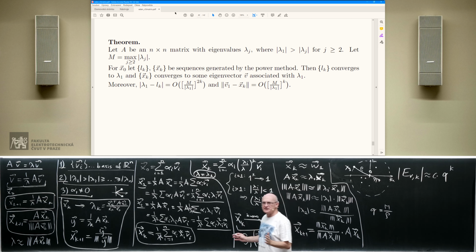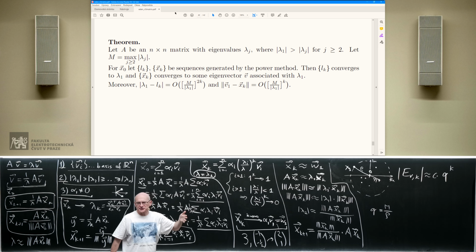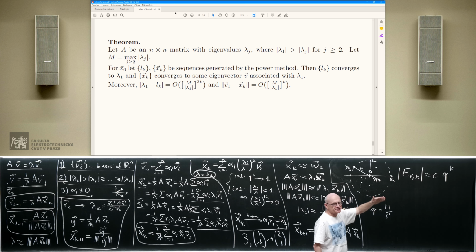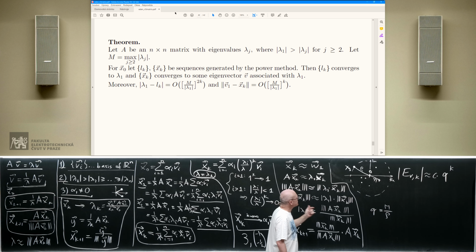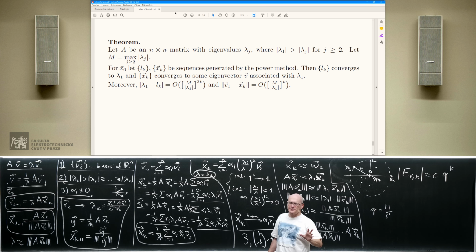The separation, if it's large, then we can expect quick convergence for our power iteration. On the other hand, if we observe that the iteration is slow, that we need many, many iterations to actually get to some answer, then it suggests that our largest eigenvalue has a competitor which is not quite equal but close. Okay? So the separation is important.